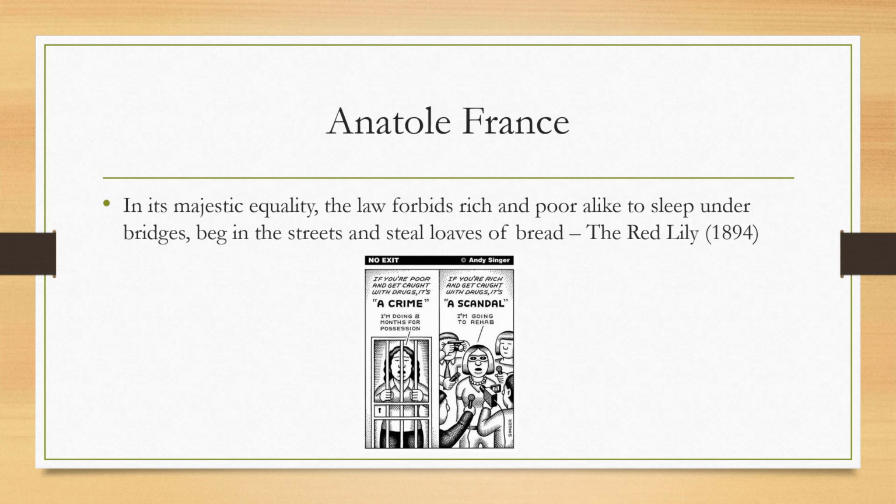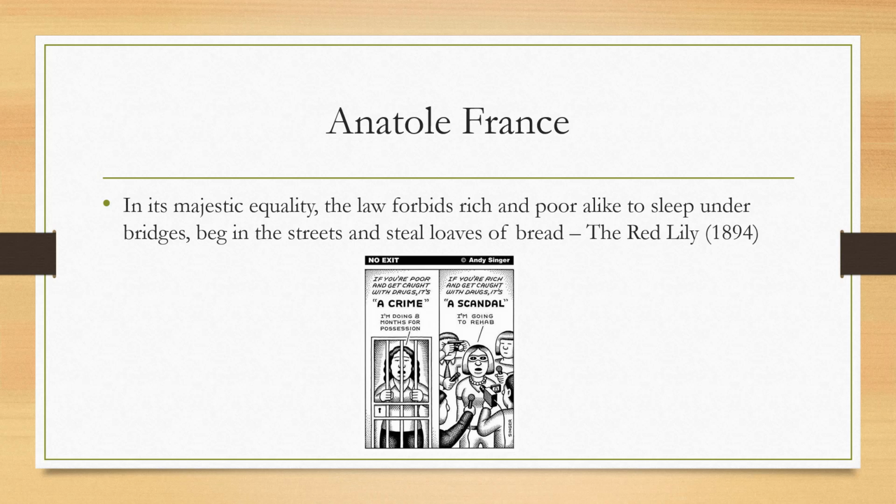So in the 1890s, I know it's a long time ago, Anatole France wrote this pretty famous quote: "In its majestic equality, the law forbids the rich and the poor alike to sleep under bridges, to beg in the streets, and to steal loaves of bread." It comes out of, I believe it was a novel, The Red Lily, published in 1894.